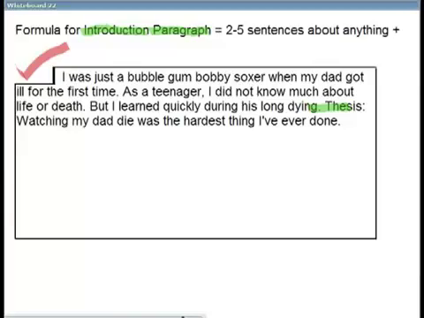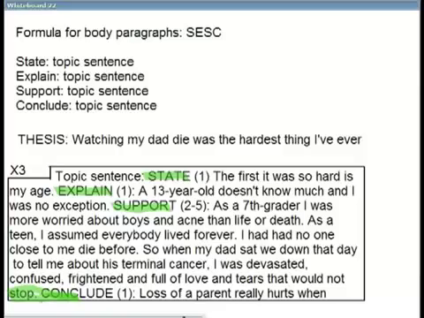We went over a formula for the introduction paragraph, which is 2 to 5 sentences about anything. It really does not matter. Begin writing anywhere you wish, as long as you end with the thesis statement. We went over the formula for the body paragraph, which was SES: state, explain, support, conclude. And then we saw that formula in action.